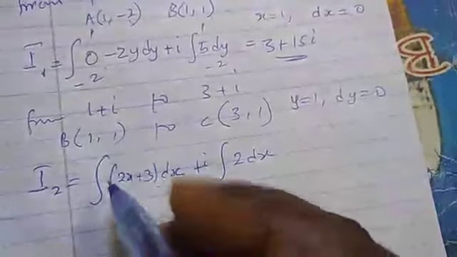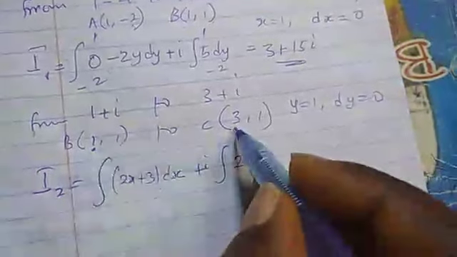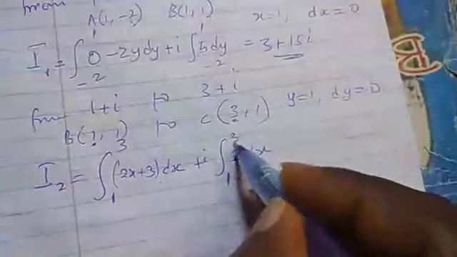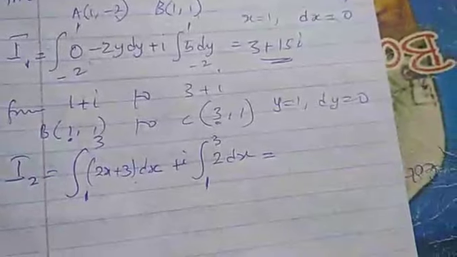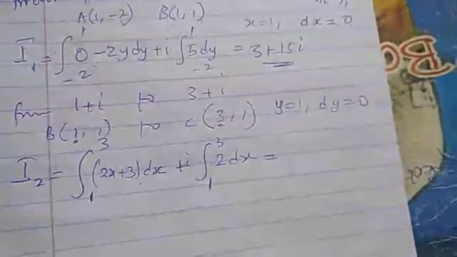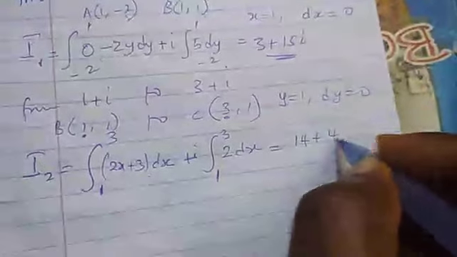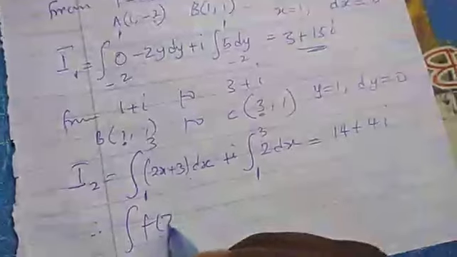So we are going to make use of x values. These are x values, 1 to 3, integral 1 to 3. When we integrate this, which I will not show, we have 14 plus 4i. Therefore, the integration of f of z dz will be I1 plus I2.